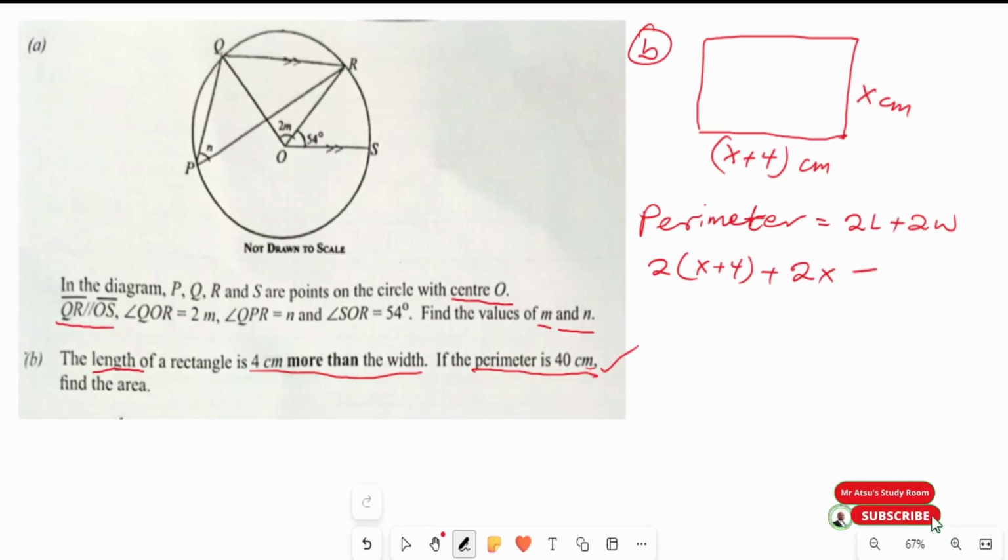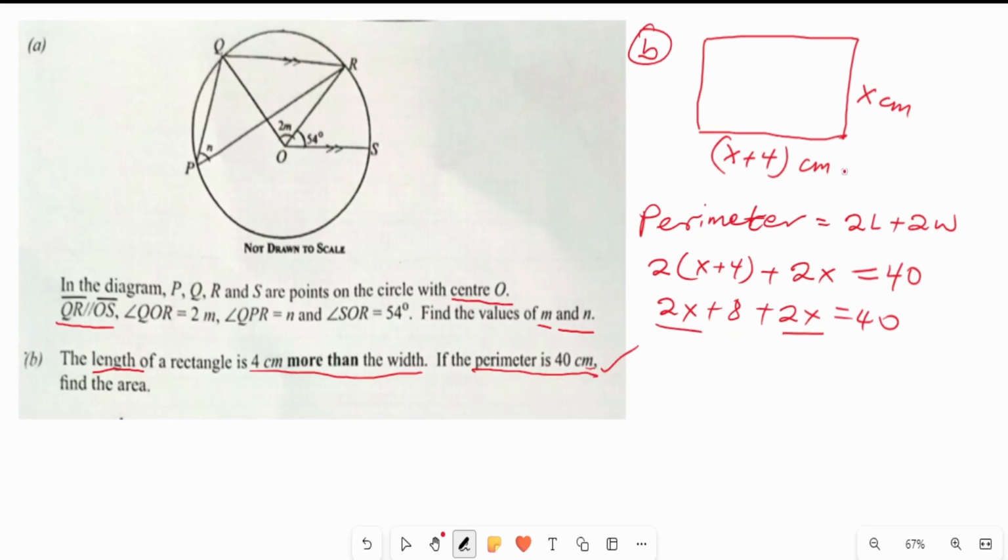And the question said that that equals 40 centimeters. Simplifying further, we're going to have 2x plus 8 plus 2x equals 40. 2x and 2x are like terms, so we combine them to have 4x plus 8 equals 40.